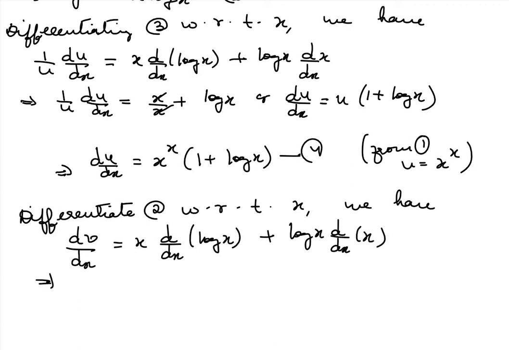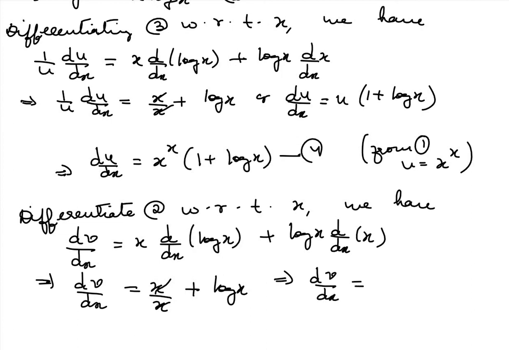So this implies that dv dx is equal to x by x, since differentiation of log x is 1 by x, plus log x into 1, as differentiation of x with respect to x is 1. So these two can be cancelled, and you get dv dx is equal to 1 plus log x. Now let us name this as equation 5.